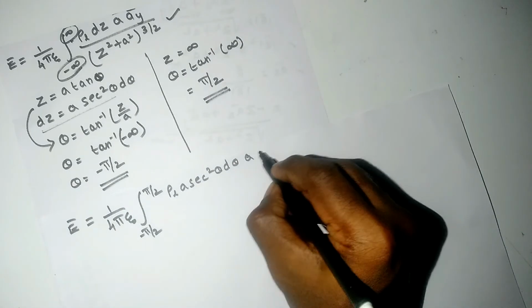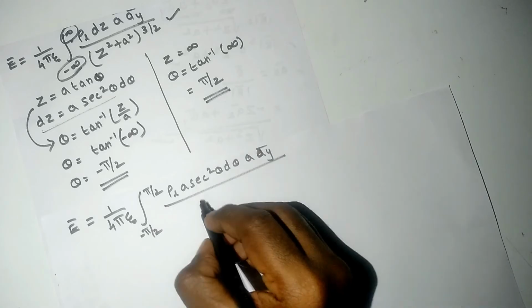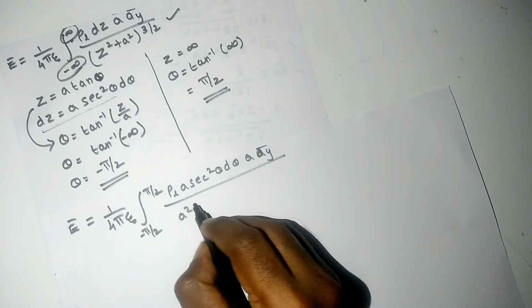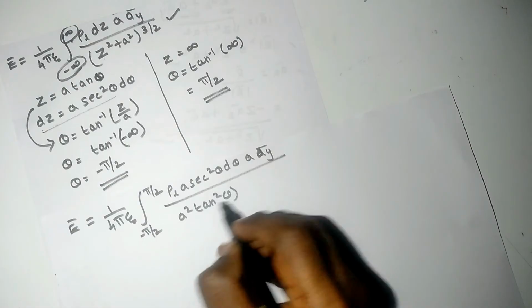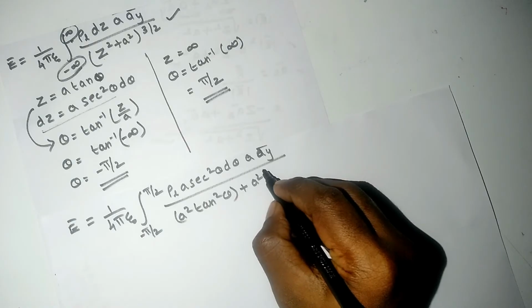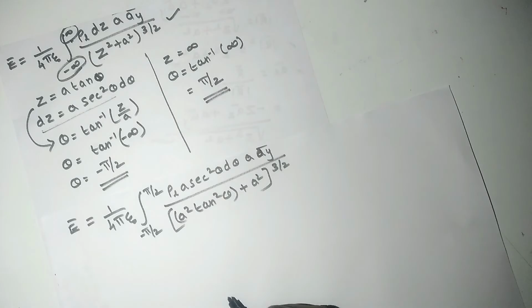a into a_y divided by z is a tan theta, so z square is equal to a square tan square theta plus a square, the whole power 3 by 2.